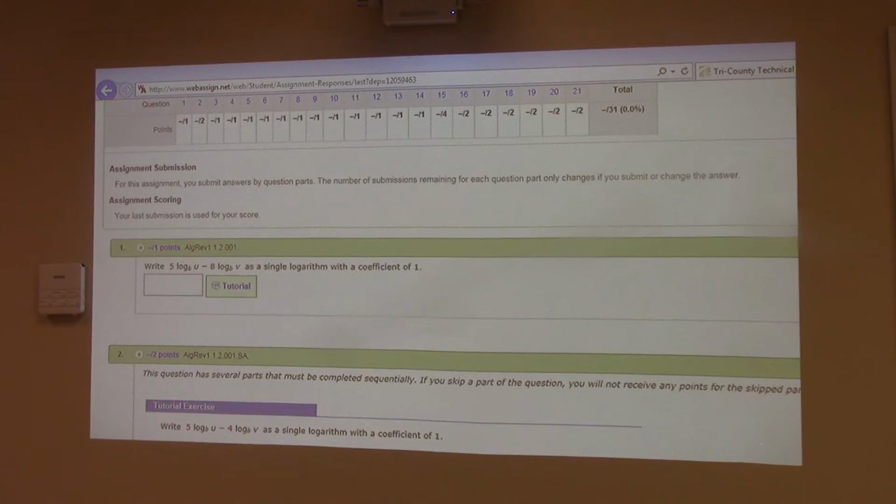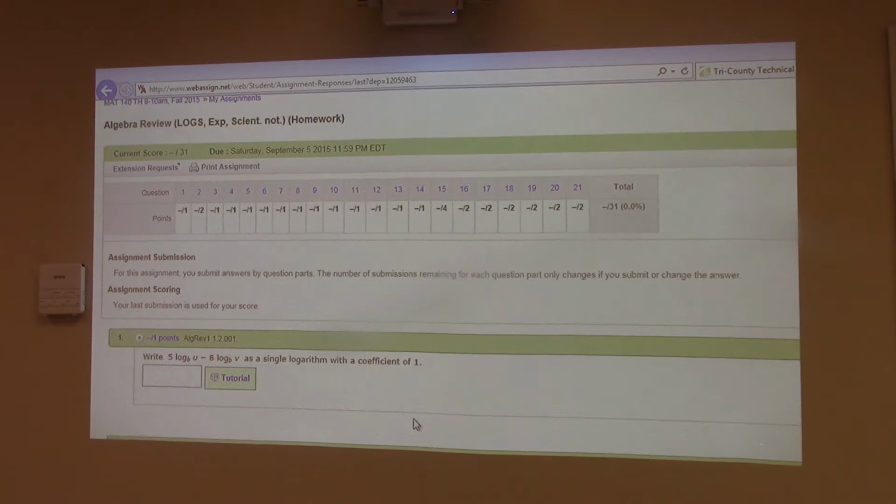Okay, let's just start with an easy one so I can get your hopes up. 5 log base b of u minus 8 log base b of v. There it is right there. Let's see if I can use the tool.